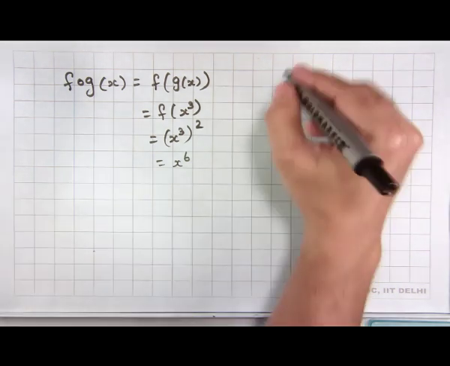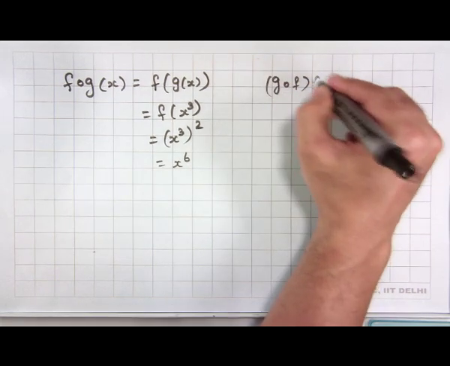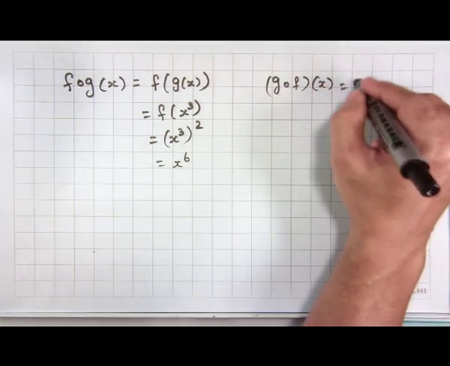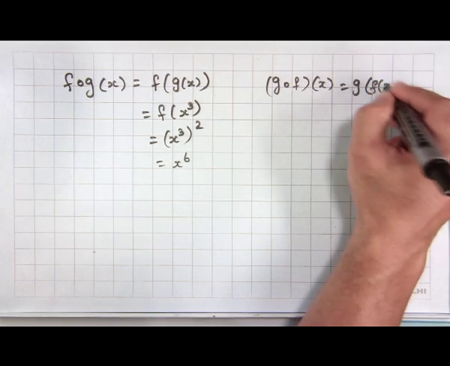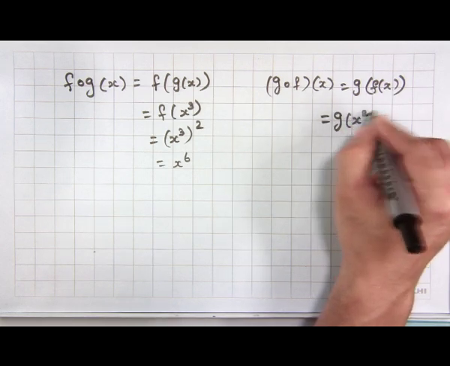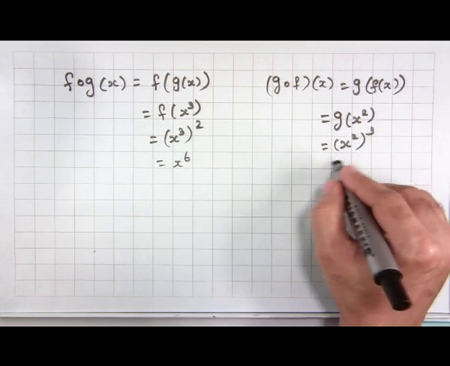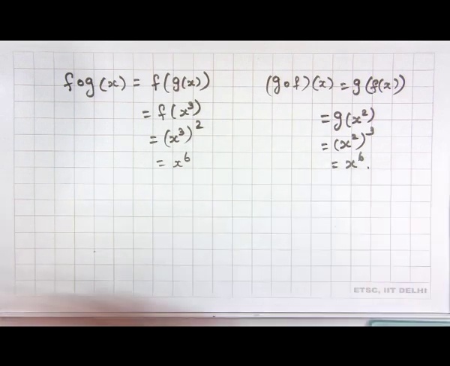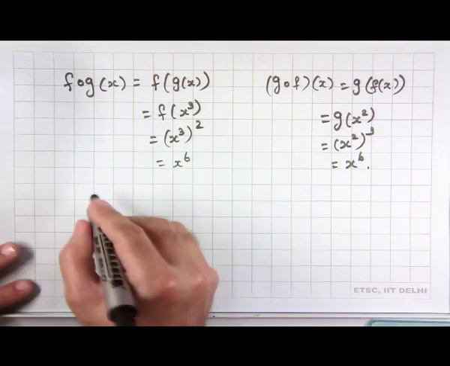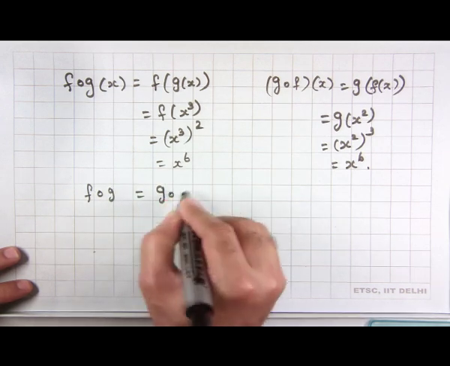On the other hand, g composed with f at x, which is g of f x, which is same as g of x square equal to x square whole cube, which is x power 6. You can notice in this case that f composed with g is equal to g composed with f.